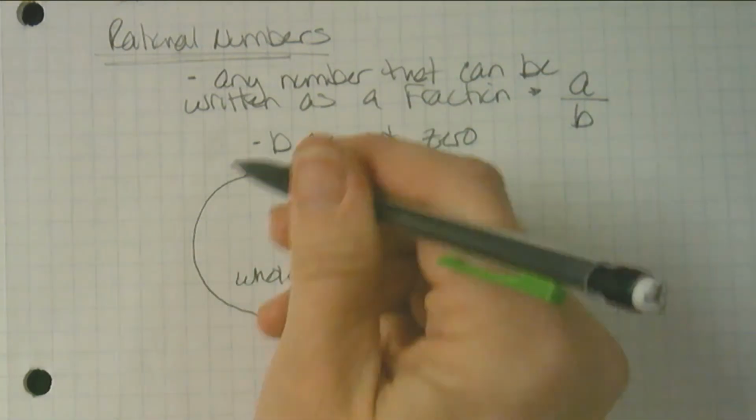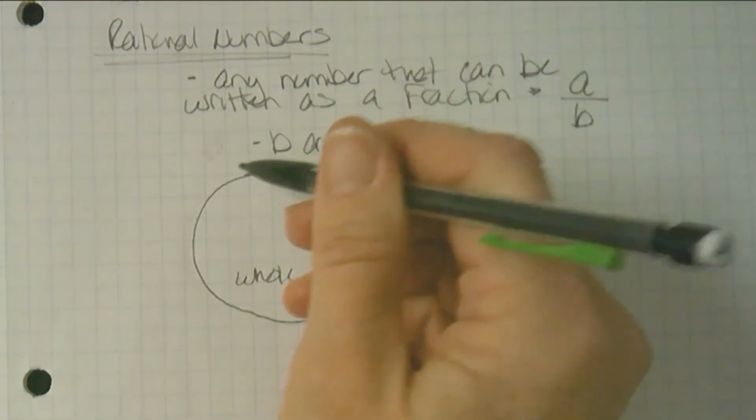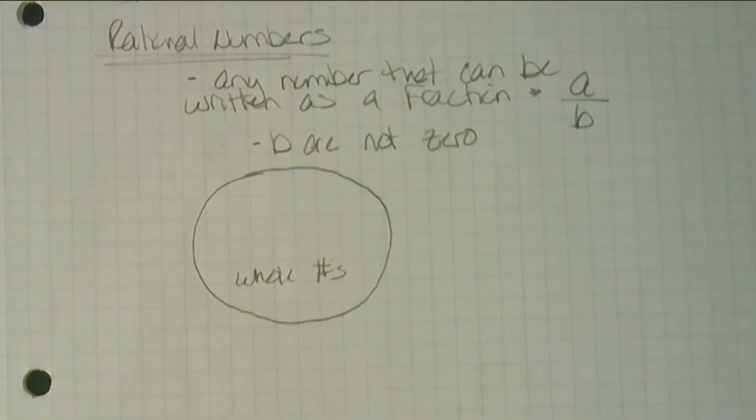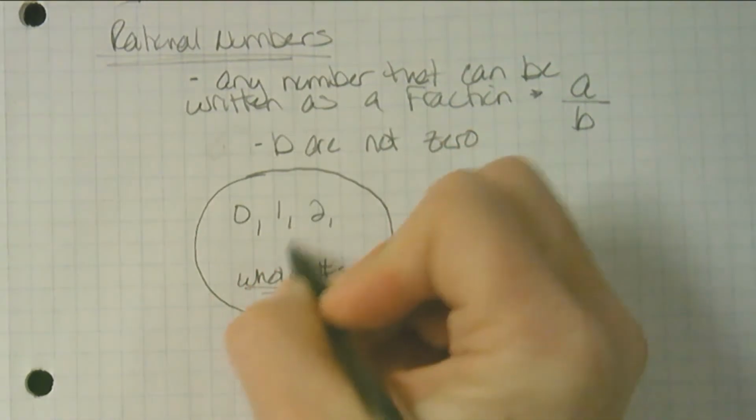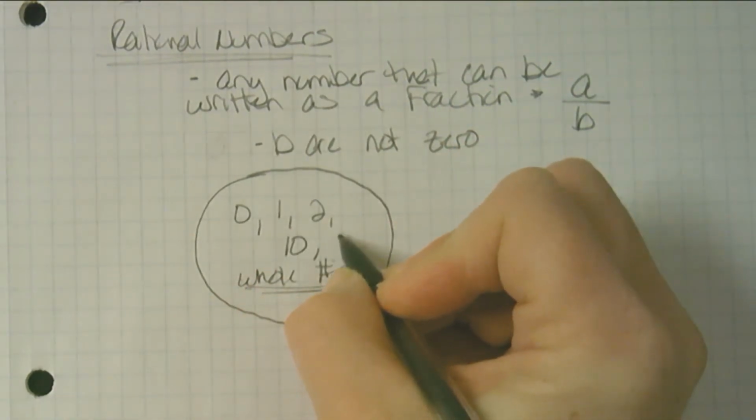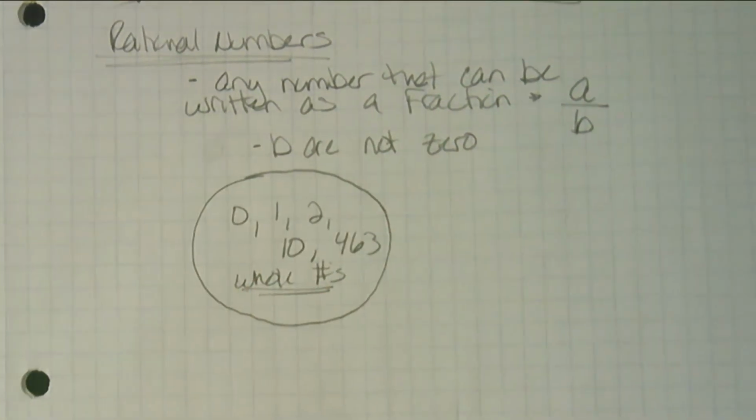I'm going to do a smaller circle and then a bigger one around it, and then a bigger one around that too. The smallest are called whole numbers. Whole numbers are like 0, 1, 2, 10, 463. It's our counting numbers starting from 0. You've been learning these since you could learn how to count.